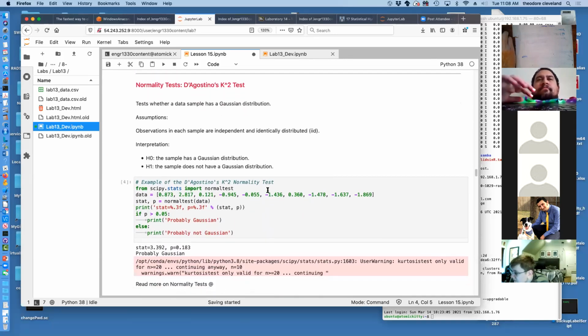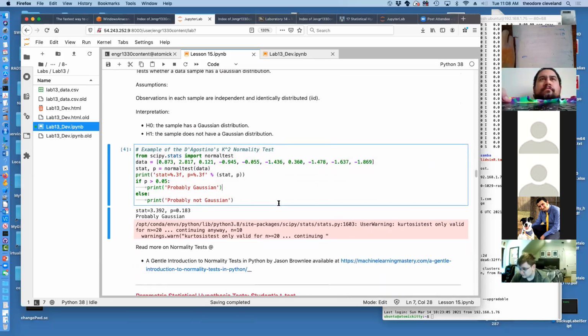Another test for normality is called the D'Agostino's K-squared test. It too tests whether a sample is Gaussian or not. Same underlying assumptions, each sample IID, and the same interpretation: the null hypothesis, the sample is Gaussian; the alternative, the sample is not Gaussian. It uses some different information from the test data.